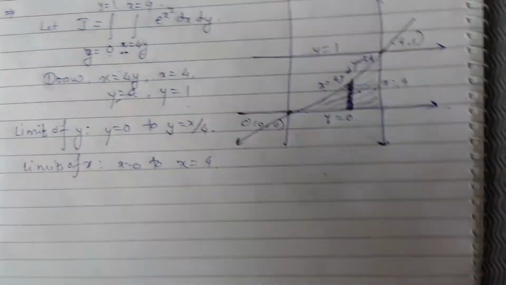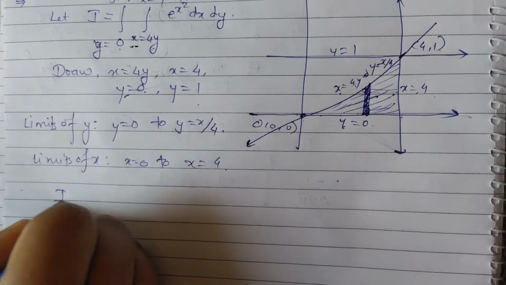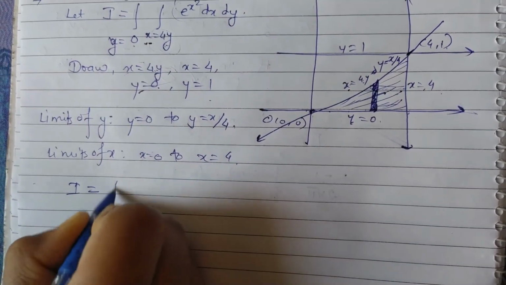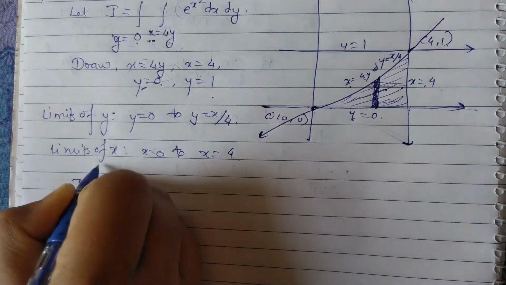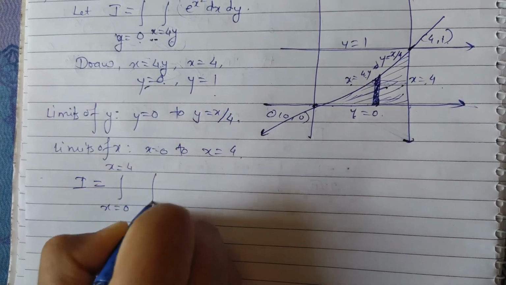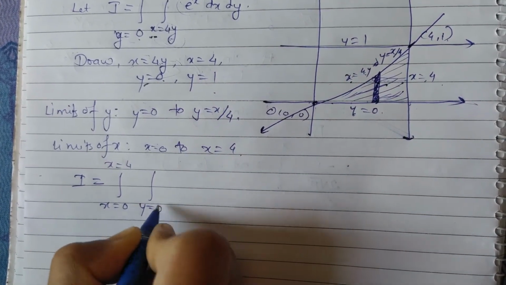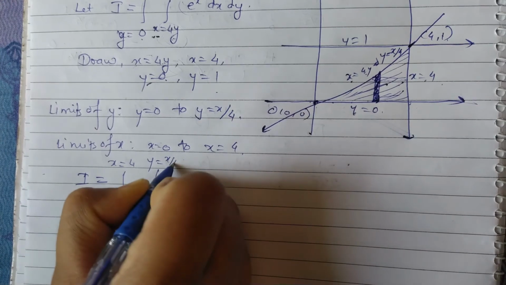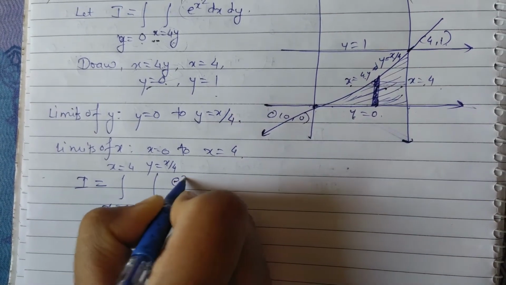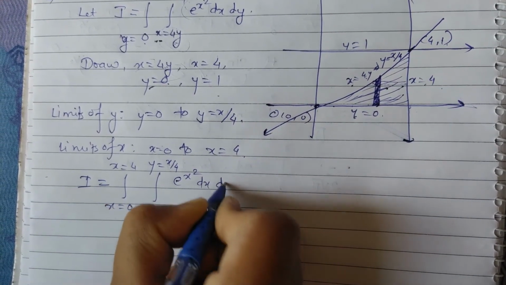Our new integration will become, write the constant limits first: x is equal to 0 to x is equal to 4, y is equal to 0 to y is equal to x by 4, e raised to x square dx dy.